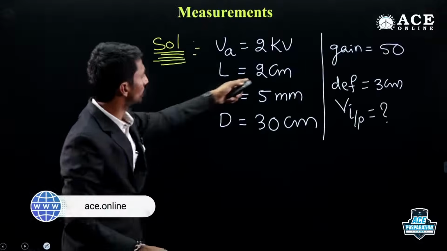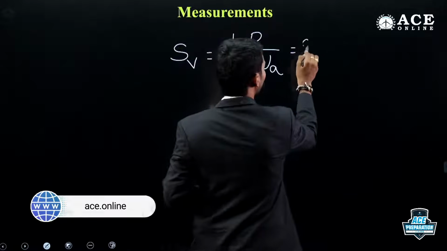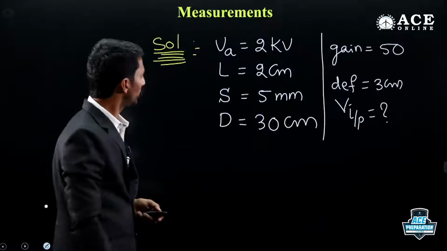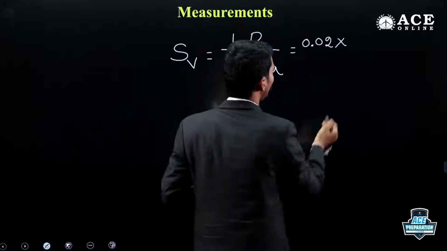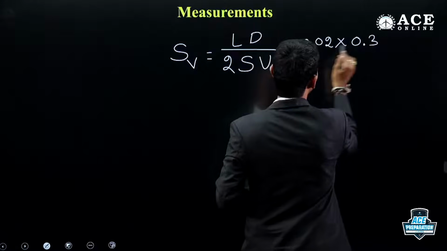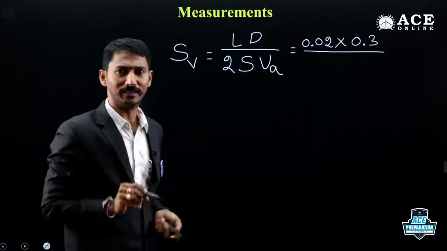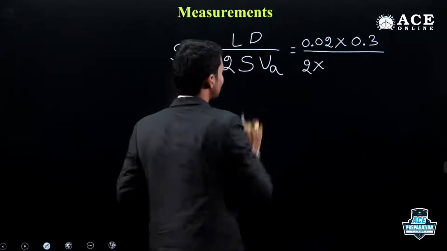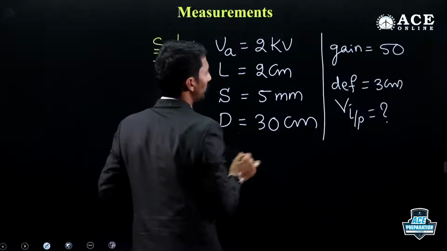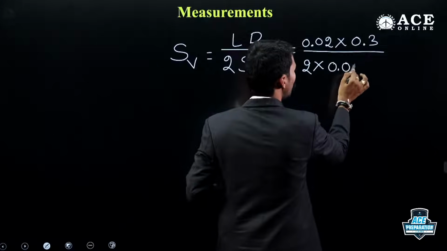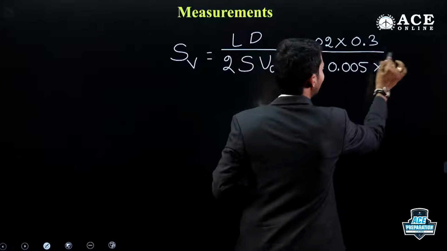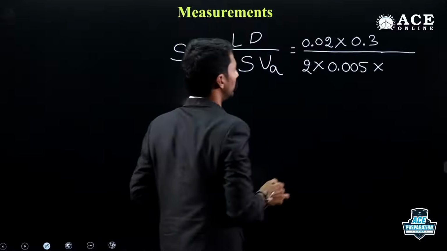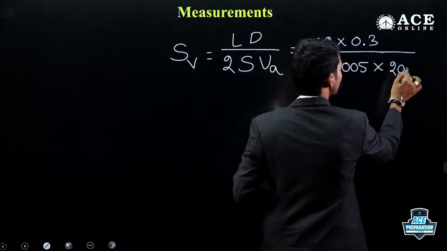Okay, so simply substitute 2 centimeters, nothing but 0.02 meters, into distance D, 30 centimeter, so simply 0.3 meter. I am converting everything into meter, and 2 into, what is the separation? 5 mm, nothing but 0.005, into 2000, 2 kilovolt, so 2000.